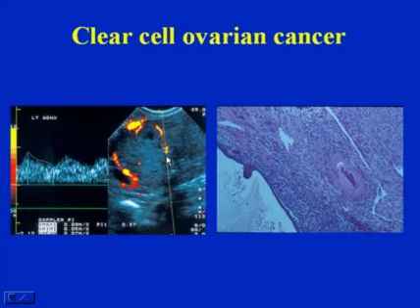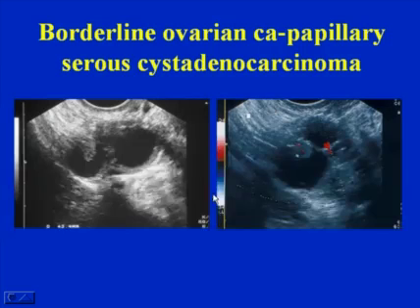This is a patient that presented for uterine bleeding, and we can see that there's a big solid mass with low impedance flow, and this is typical of a clear cell carcinoma. This patient has a cystic area in this ovary as well as this papillary excrescence.